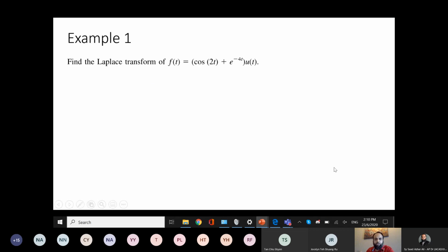Today we'll see some examples, and we'll make use of those tables to find the Laplace transform. What do we see here?